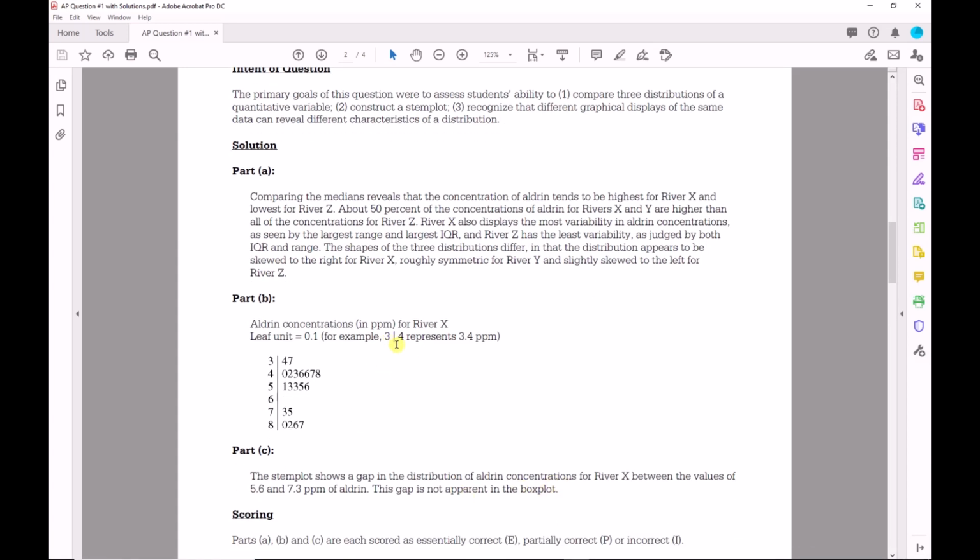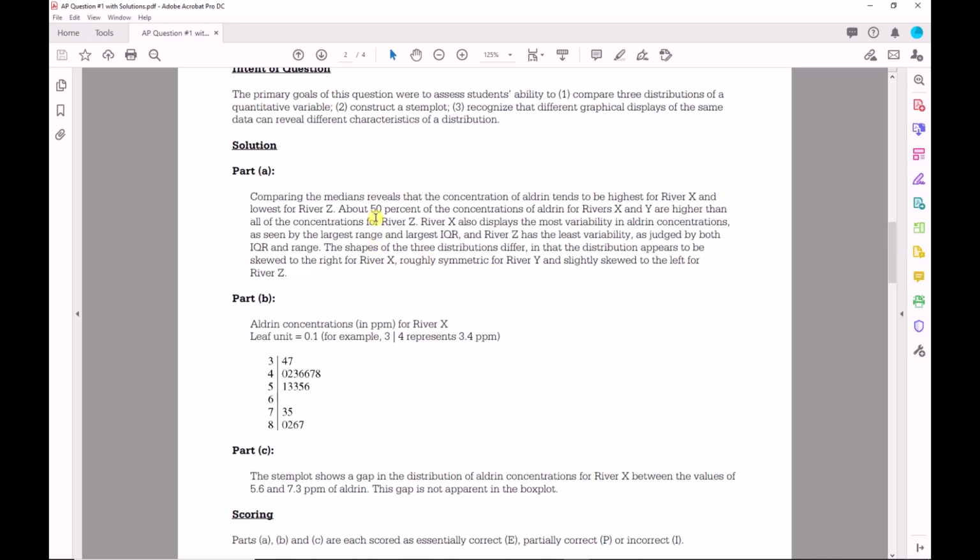So line 4 represents 3.4. Don't bother putting a decimal after every single one of these numbers. It's going to utterly confuse your reader, okay? So this is what your stem plot should look like, and they put a title on it, and there's your key. And you can read the solution in part A, and they're very short on numbers.